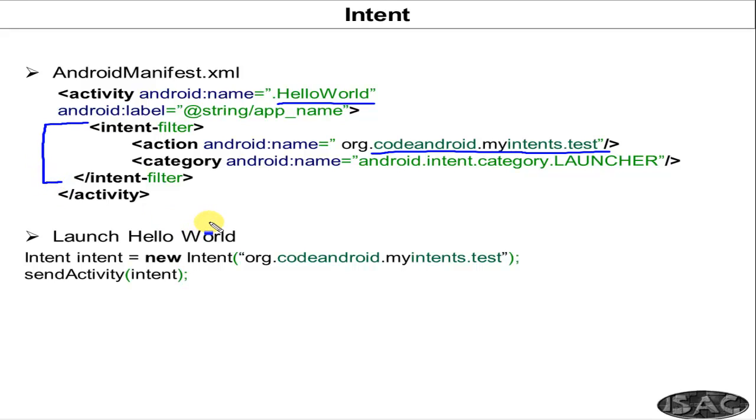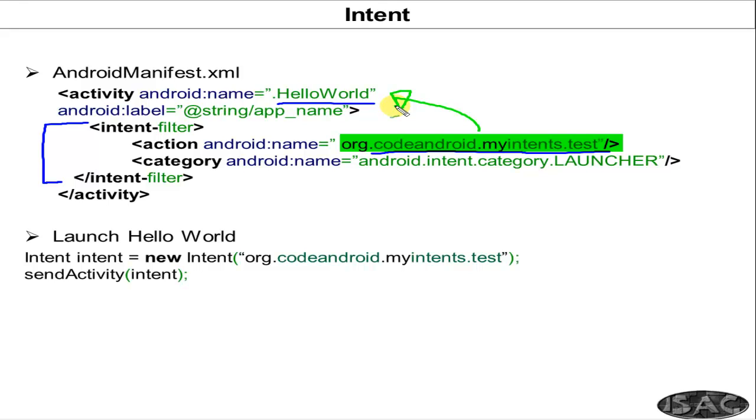Now, what it means is that I want to have an action called org.codeandroid.myintents.test registered with this activity. What does it mean? It means that if Android looks for an activity that can handle this action, then this activity will be used.